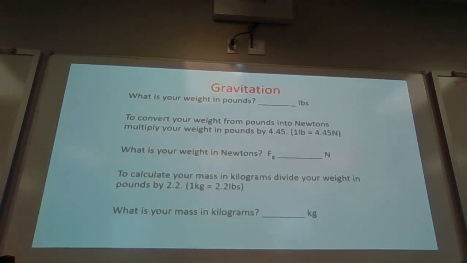How many kilograms you are. Okay? That could be encouraging or discouraging depending on which way you want to go on that one. Good with that. Have those jotted down, put a kg by that one. That's your kilograms. All right.